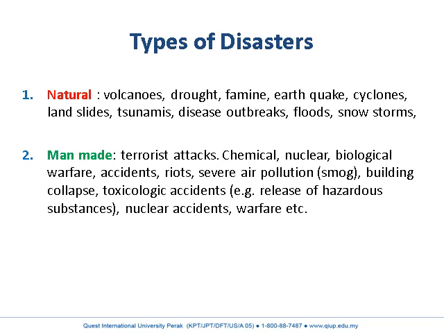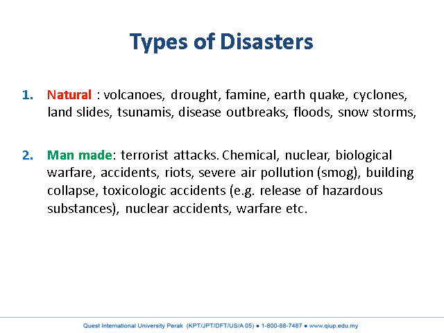Man-made disasters: terrorist attack, warfare, which can be chemical, nuclear, or biological warfare, accidents, riots, air pollution. Severe air pollution like smoke is also man-made. Building collapse, accidents, toxicologic accidents like a release of hazardous chemicals and substances, nuclear accident, warfare, all these things.